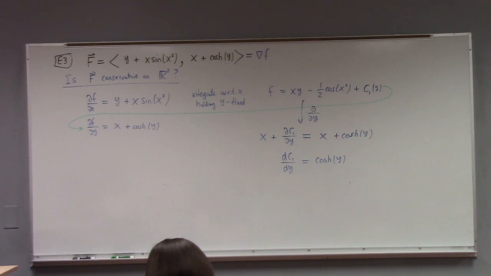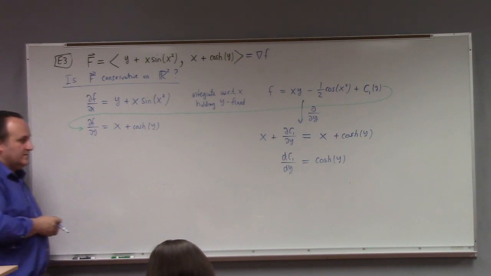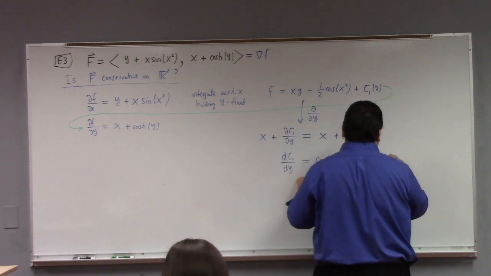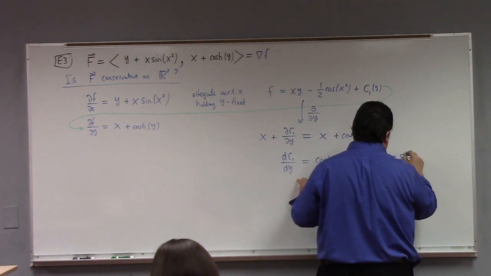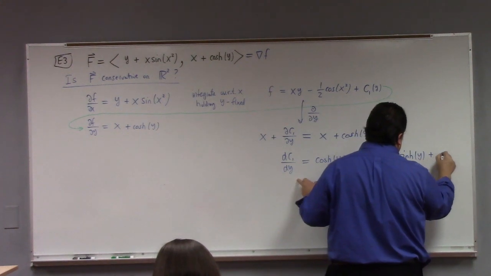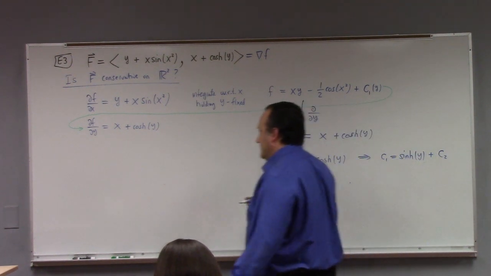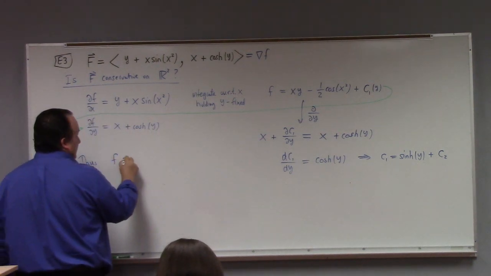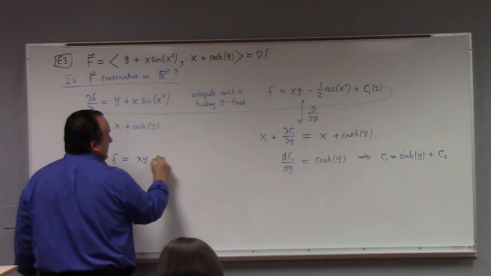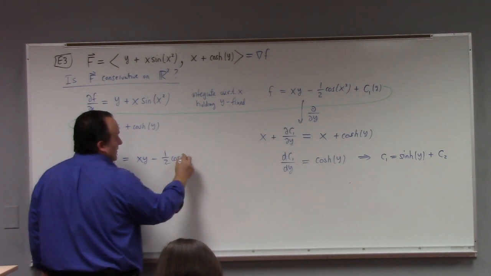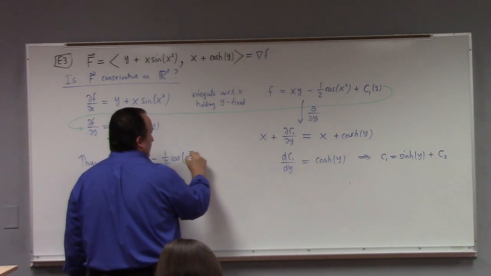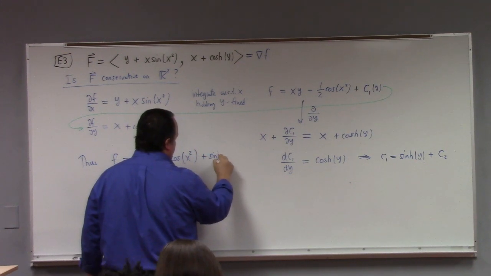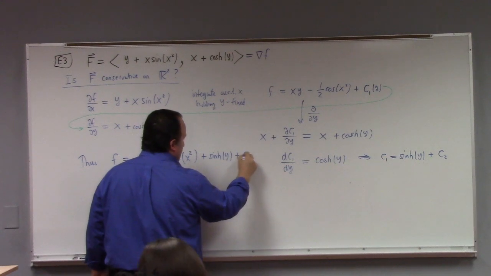So then what? Well, then we integrate. What's the integral of cosh? Sinh. So we got sinh of y plus c2. And c2 is a genuine constant. So thus, in total, we find f is equal to xy minus 1/2 cosine of x squared plus the sinh of y plus c2.